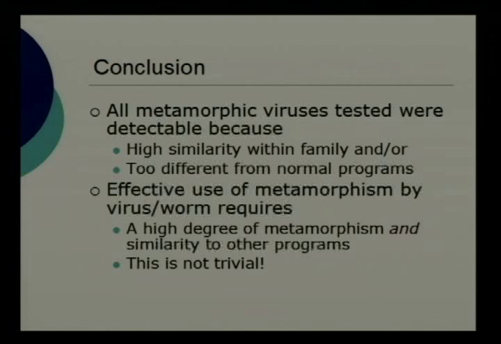So we conclude that the effective use of metamorphism by any virus or worm requires both a high degree of metamorphism and some similarity to other programs. This is not trivial, and not as easy as it seems. I think that explains why we don't see many metamorphic virus outbreaks, because it is not as easy as most people would believe.